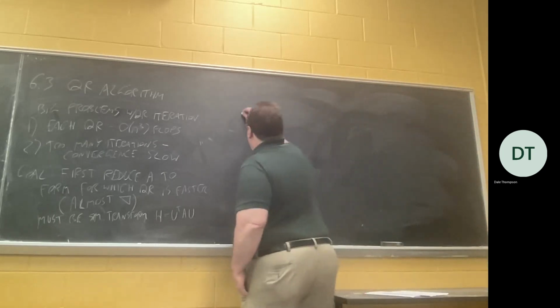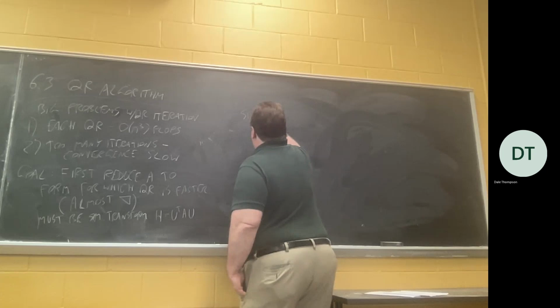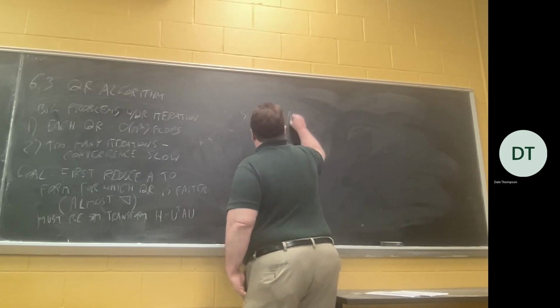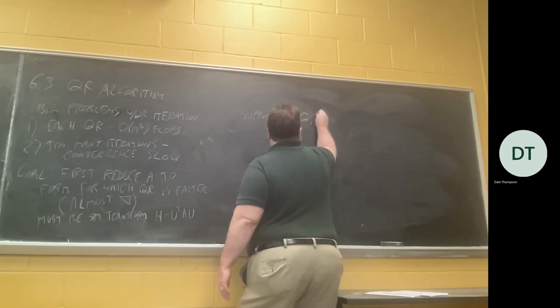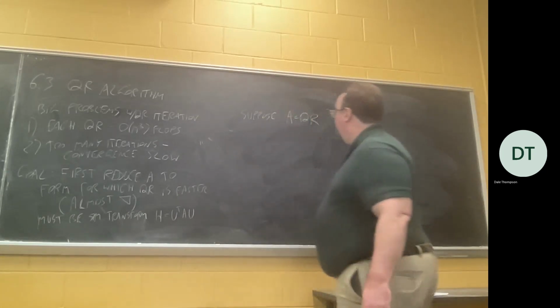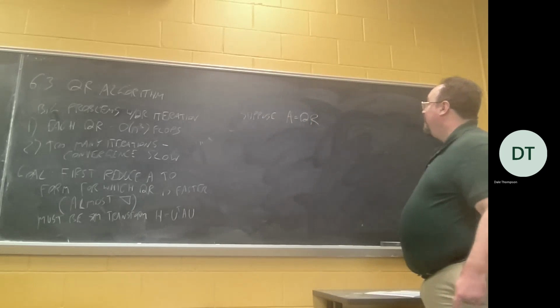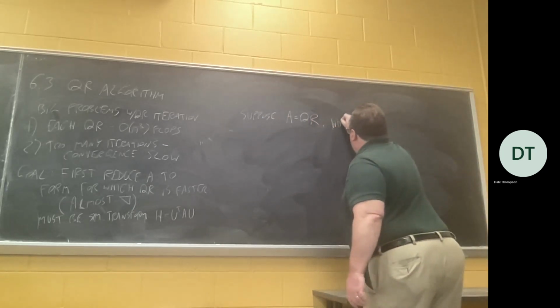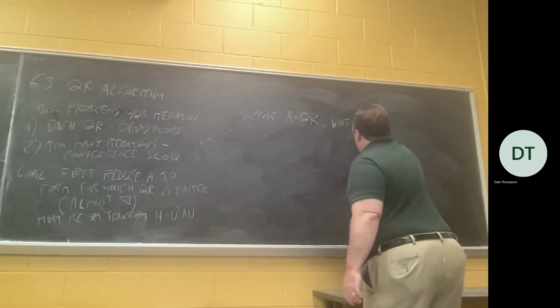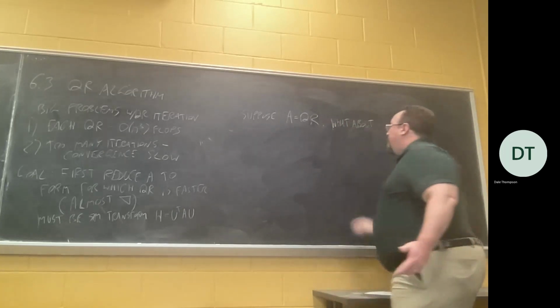So suppose A is equal to QR, we go ahead and QR factorize A, as our pre-processing stage. What if we try the following?